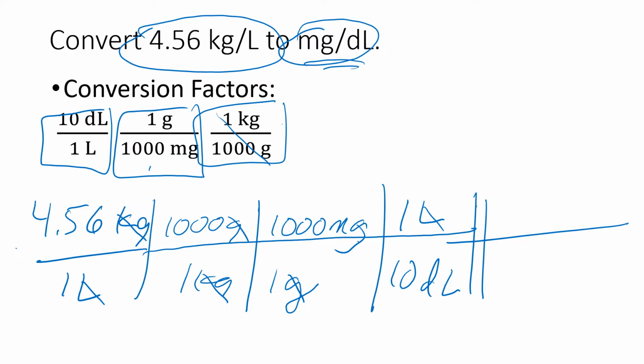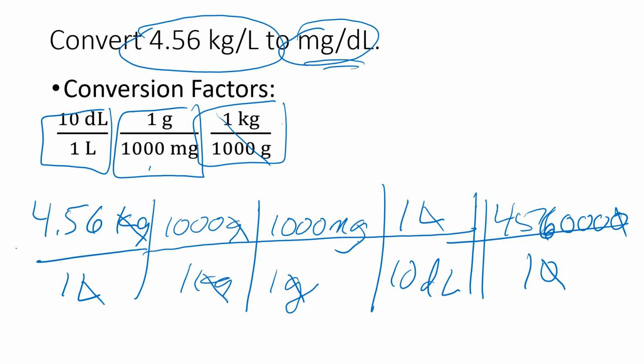So I have 4.56 times 1,000 times another 1,000. This equals 456, 4 zeros over 10. So I'm just going to do some easy division. So this will cancel out, this will cancel out.